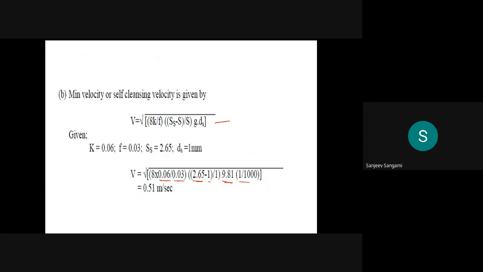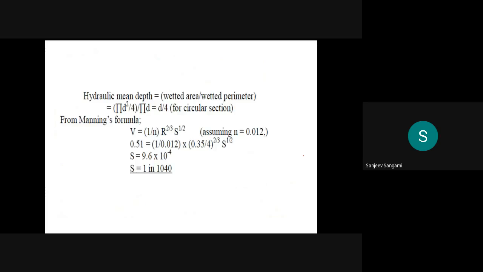It is better to convert it into meters, that is why it is divided by 1000. Then V is equal to 0.51 meter per second. Very important, this conversion is for mm to meters. Then we have calculated the minimum velocity. So this is the solution for this problem.